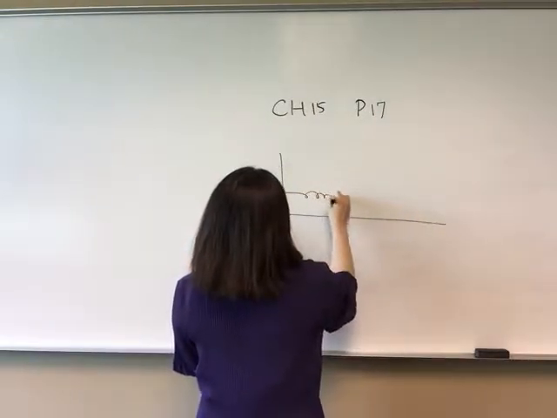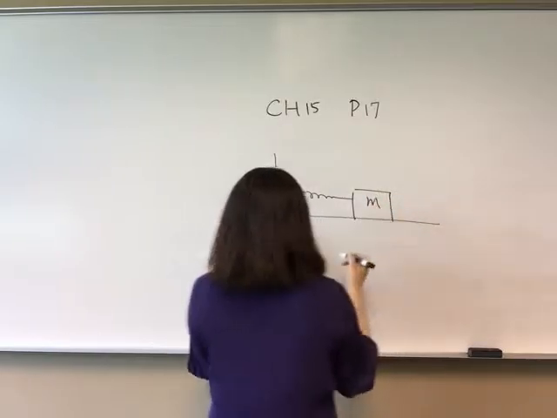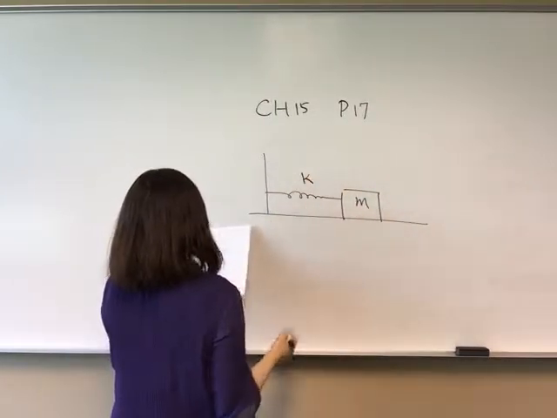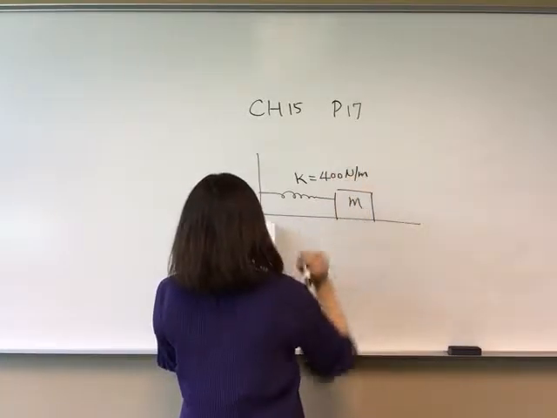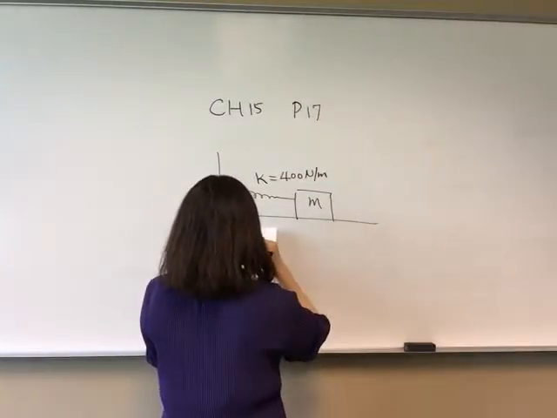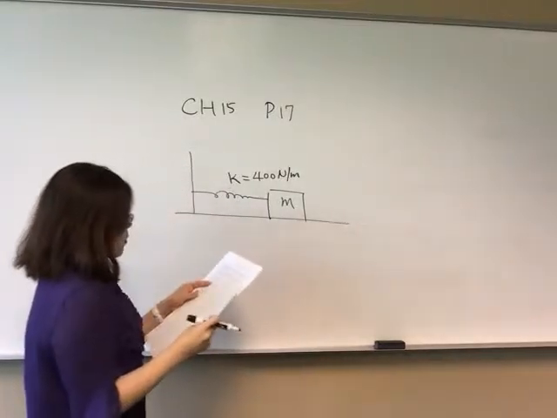You have a spring that is attached to a block. The block has mass m and the spring has spring constant k, which is given as 400. Okay, so let's see. Problem 17.